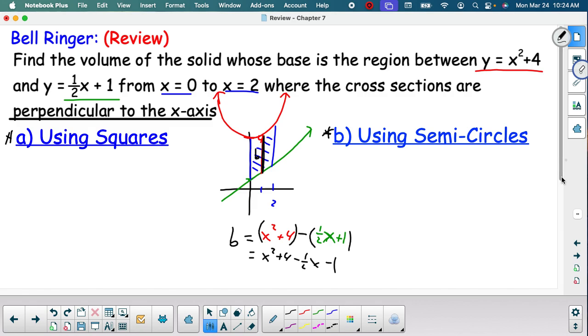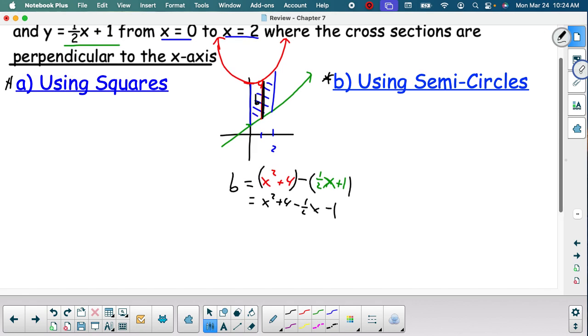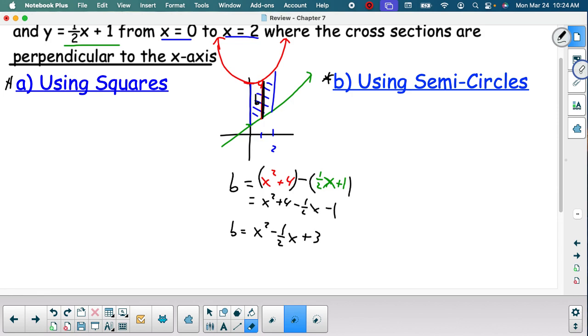And so my base, when I get all said and done, is going to be a positive x squared minus 1 half x plus 3. So that's going to be my base between my two functions.